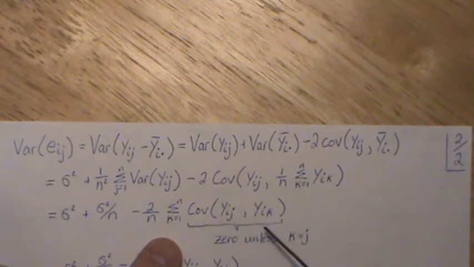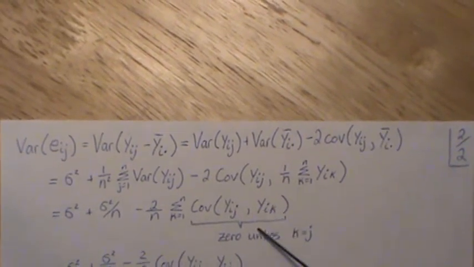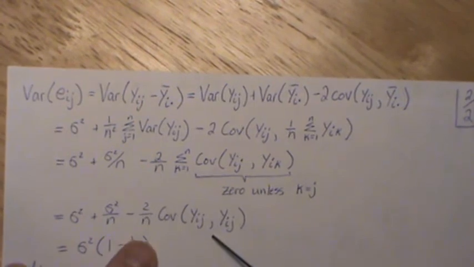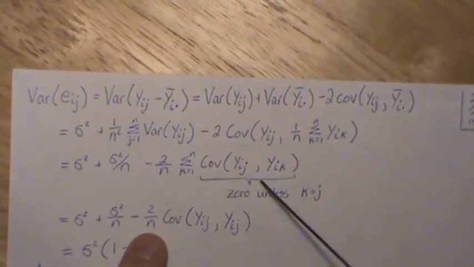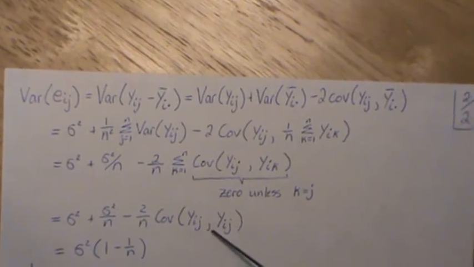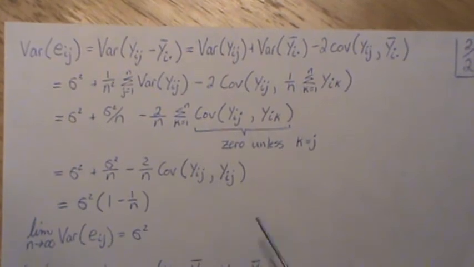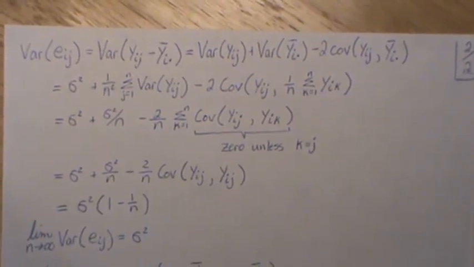The only way this is not 0 is if j and k are equal. It has to be the same person. So that brings us to here. Everything else comes down. It's the covariance of this, which we said was sigma squared. And then this can be simplified to sigma squared times 1 minus 1 over n.